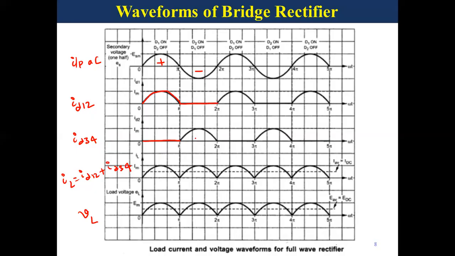During the same negative half cycle, diodes D3 and D4 are forward biased, so they conduct. So we are getting a positive half cycle. Why? Because the current flowing through the load is in the same direction as that of the positive half cycle.